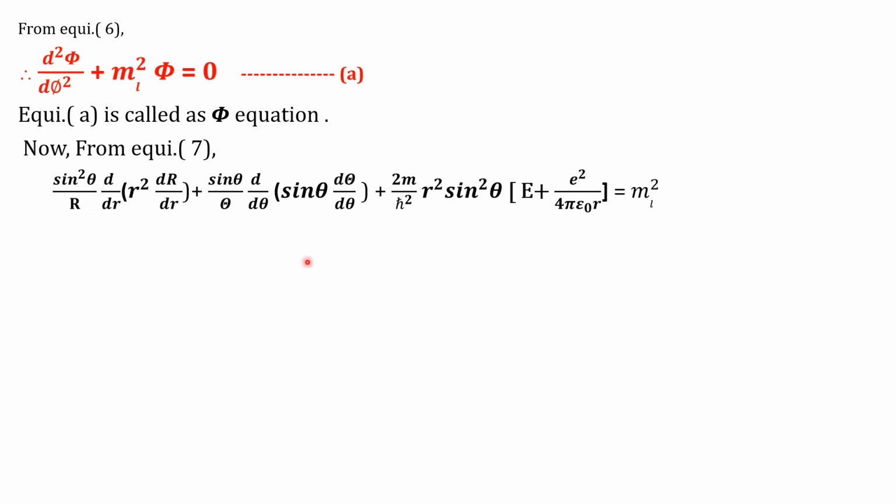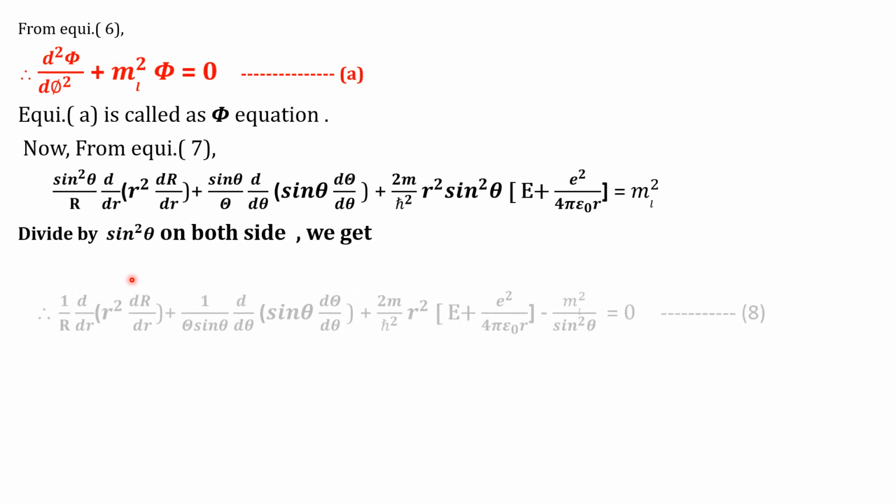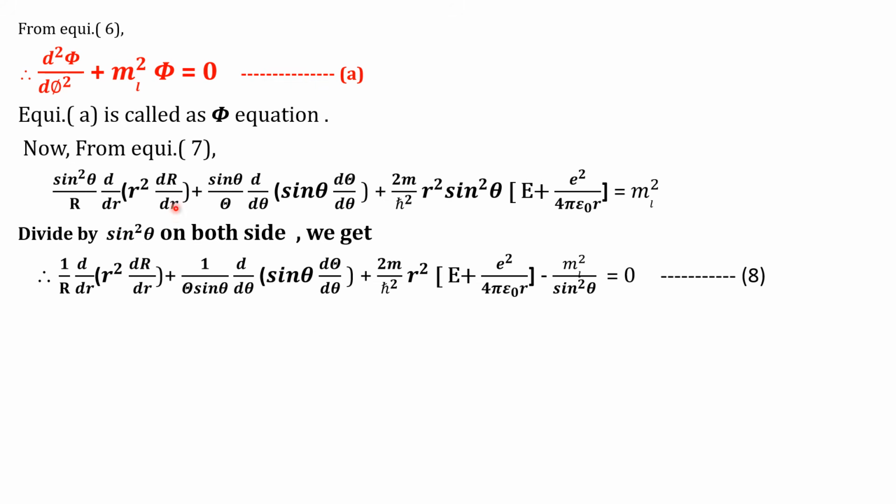Here we simplify equation 7 by dividing both sides by sin²θ. Therefore, the first term becomes 1/R d/dr(r² dR/dr), and sin²θ for the first term gets cancelled.